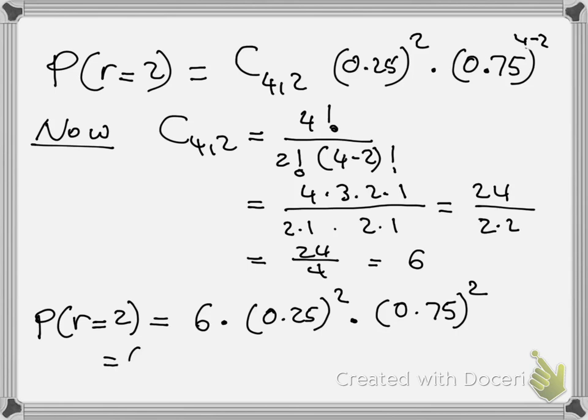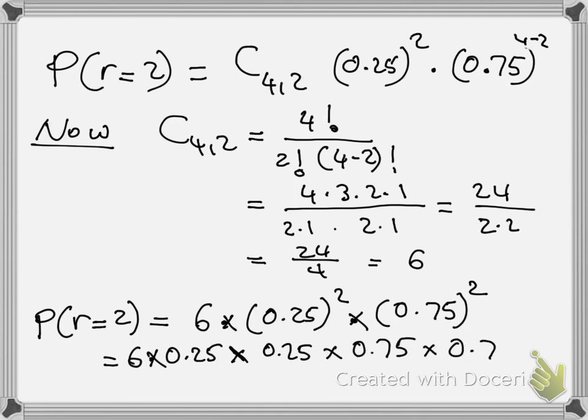Or, so that's 6 times 0.25 times 0.25 times 0.75 times 0.75.